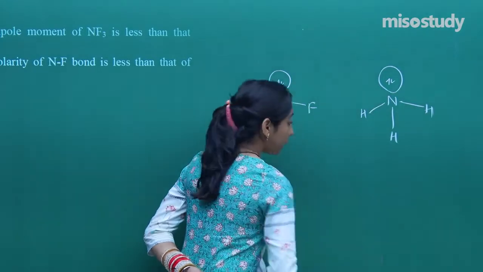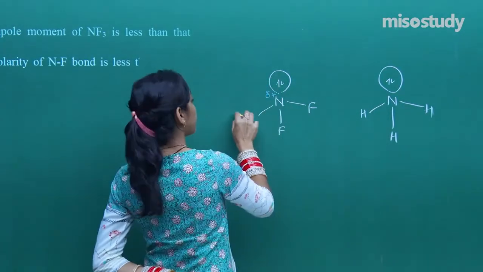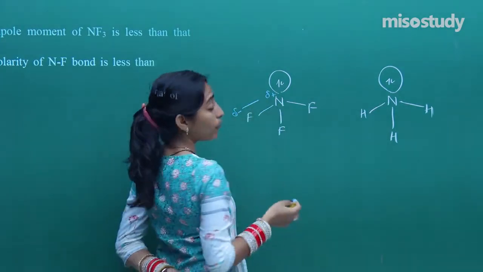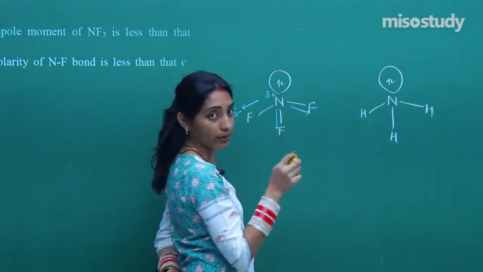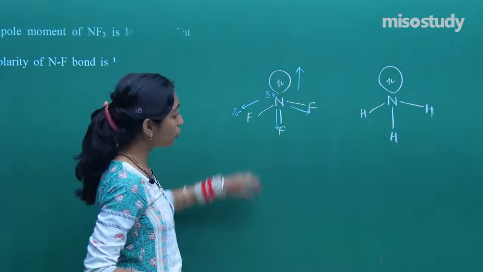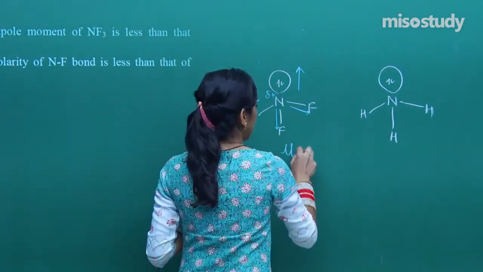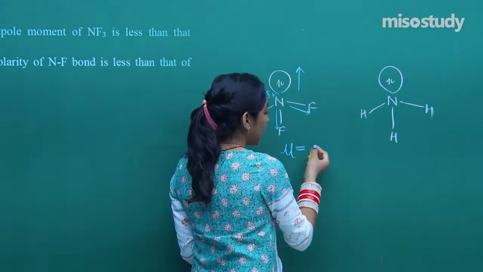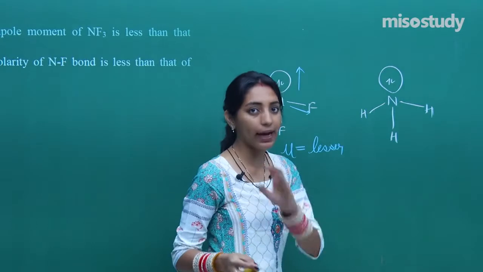Now see, nitrogen is delta positive compared to fluorine. So the dipole will be from positive to negative, will be in the downward direction, right. And then this lone pair is there in the upward direction. So the two dipole moments will little cancel out each other and we will say mu will be like a lesser value, okay, because they are getting cancelled.